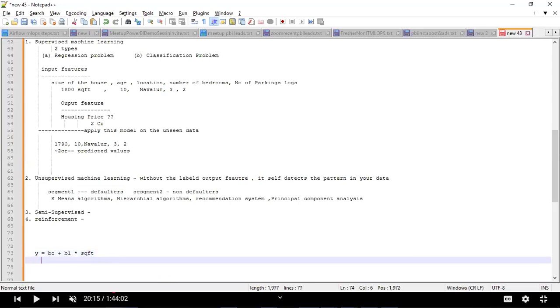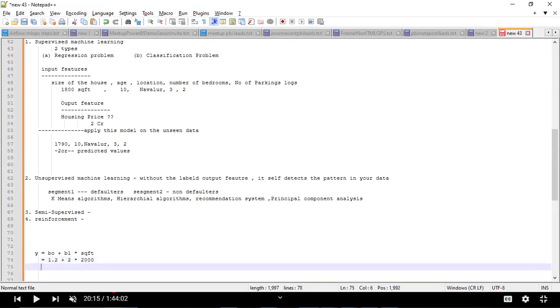And here, beta naught and beta 1 will be computed by the model itself. We don't have to calculate them. Let's say beta naught is 1.2 and beta 1 is 2. And the square feet of the house is 2,000 square feet. If you add all the values, 2 into 2,000 is 4,000 plus 1.2, that is 4,001.2.